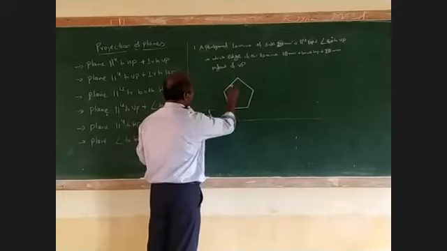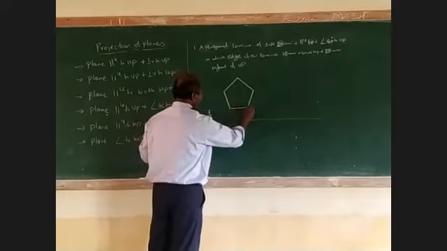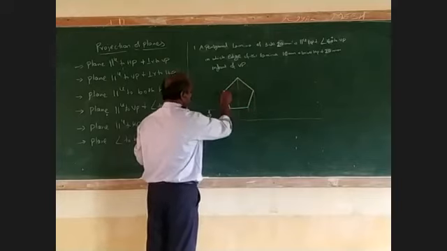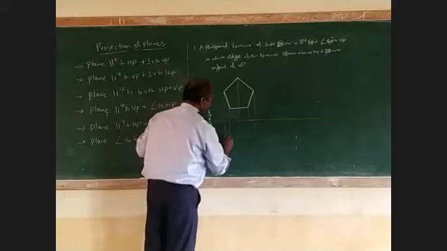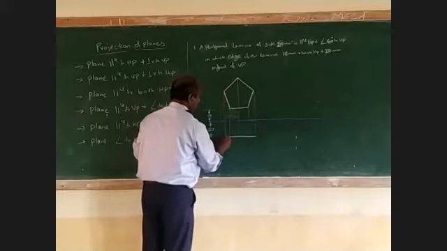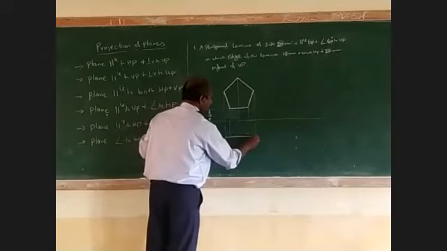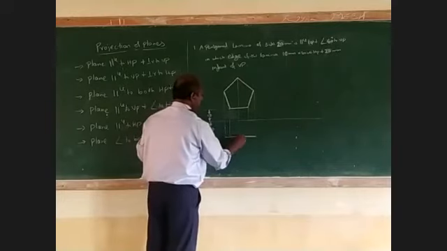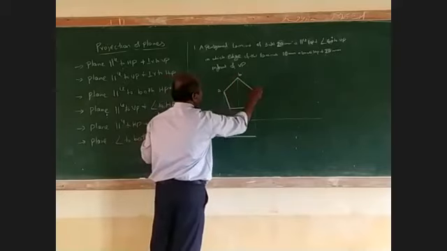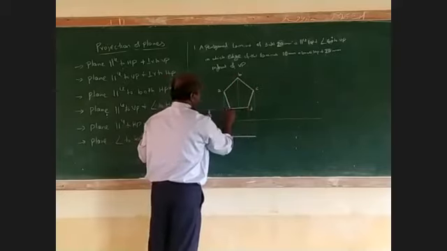Now you have to draw their image on this line. Here on 20 mm you have to obtain the image. You have to name them as A, B, C, D, E.